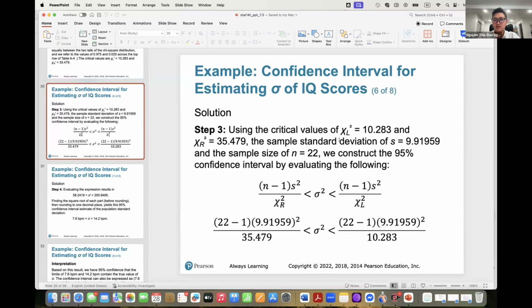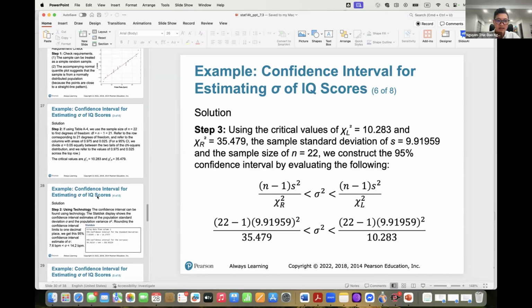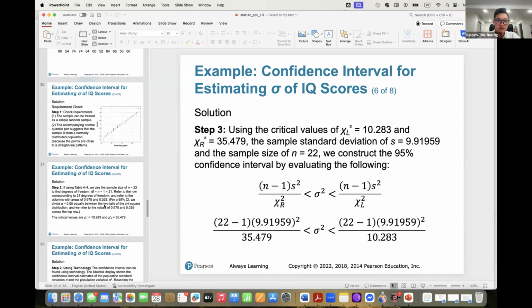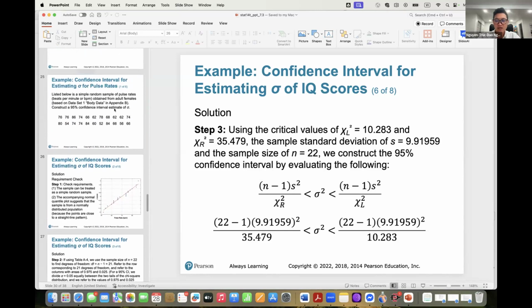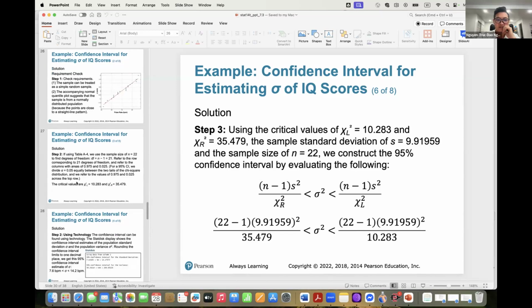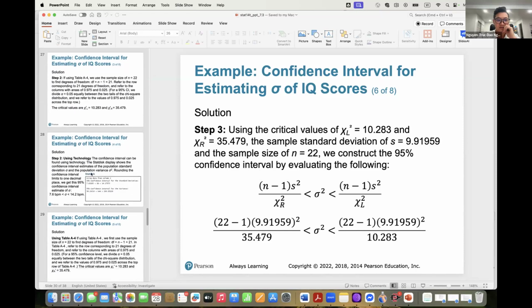So s here is the sample standard deviation. And how do we find s? We can calculate s based on the formula for the sample standard deviation, right? Based on the data here. And then we plug all the numbers in here to calculate the confidence interval.